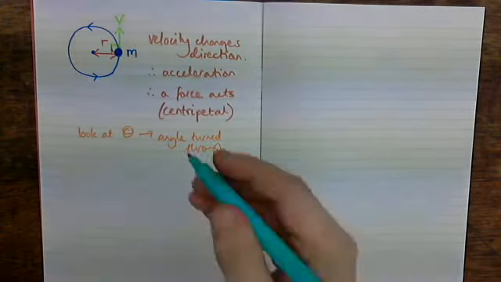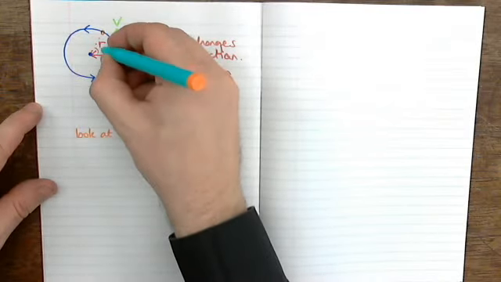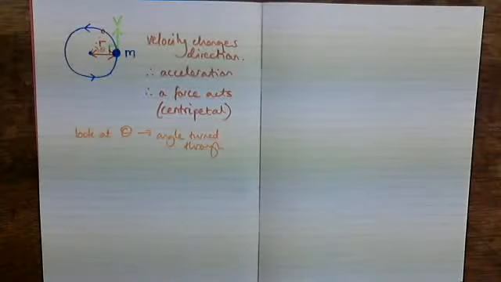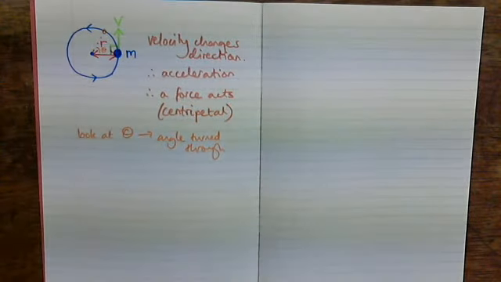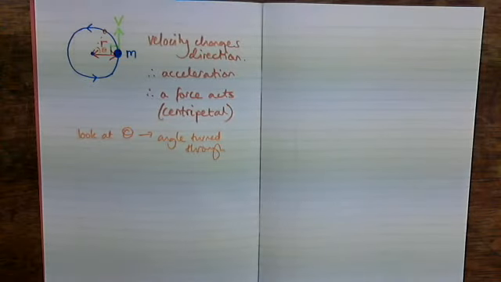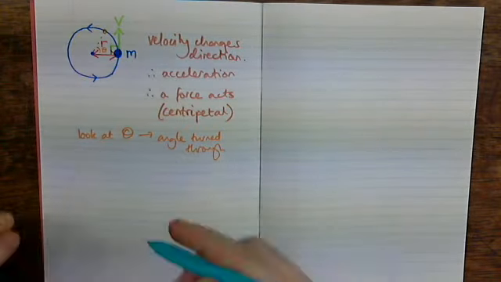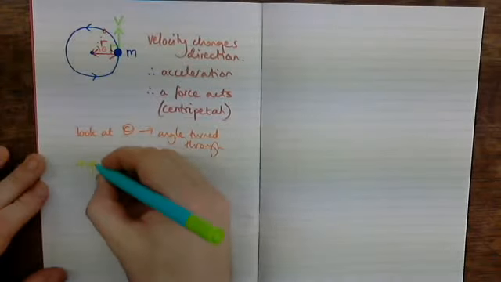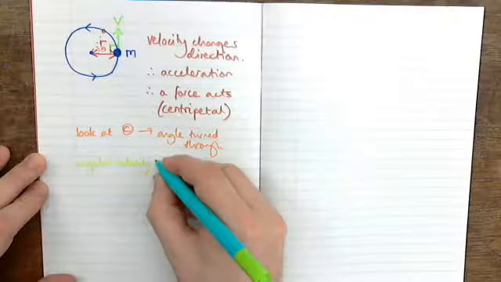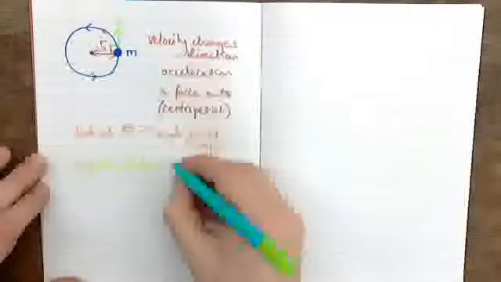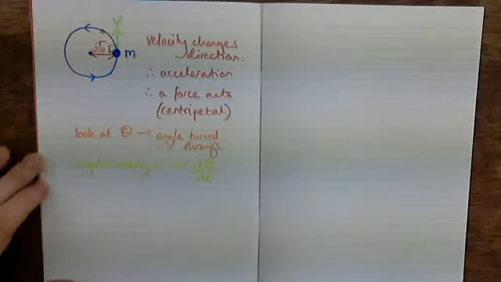So we can look at, if my object moves from here to here, what is this angle that it has turned through? Now, every point along the radius would move through the same angle per second, even though they're moving at different linear speeds. We talk about their angular speed or angular velocity, which we're going to call omega. And that is the rate of change of the angle with respect to time.